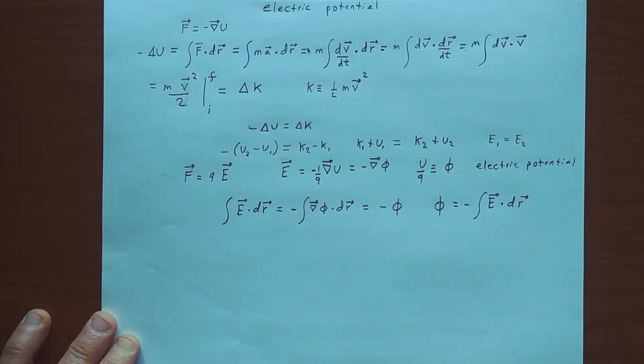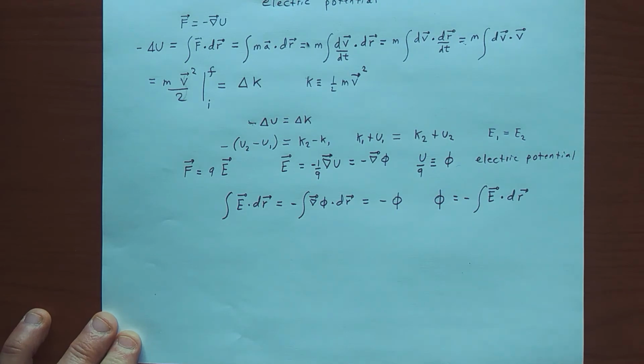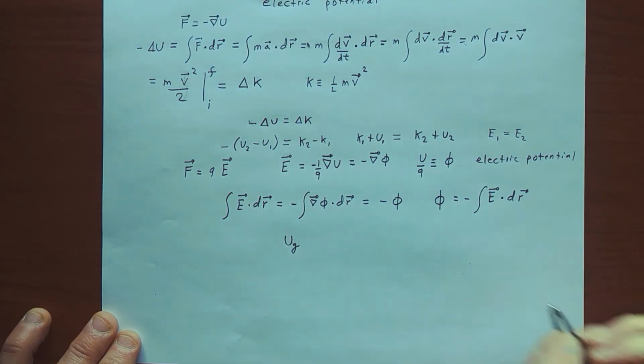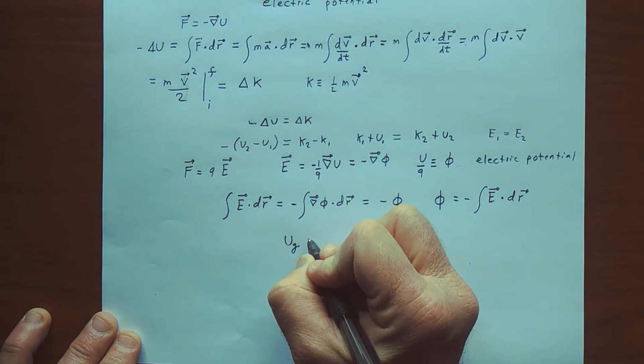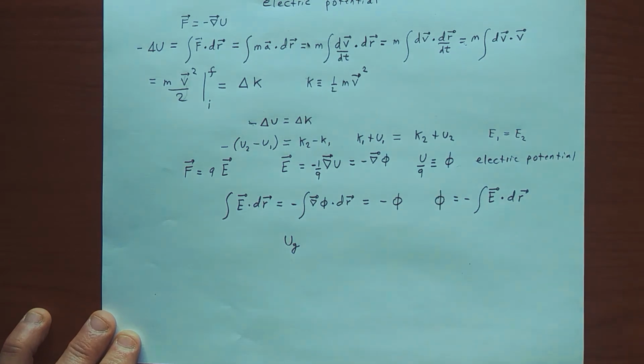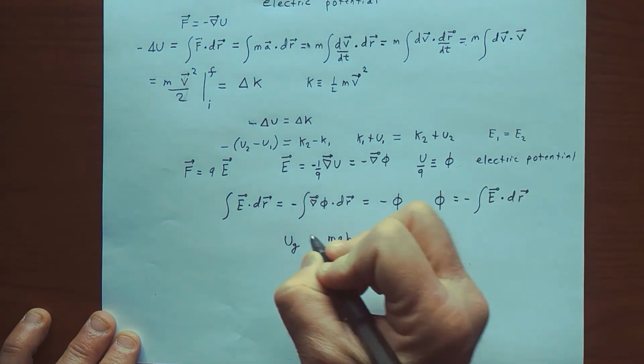And so this is sort of similar to gravity. The gravitational potential energy, say, of an object of mass m at some height h is mgh.